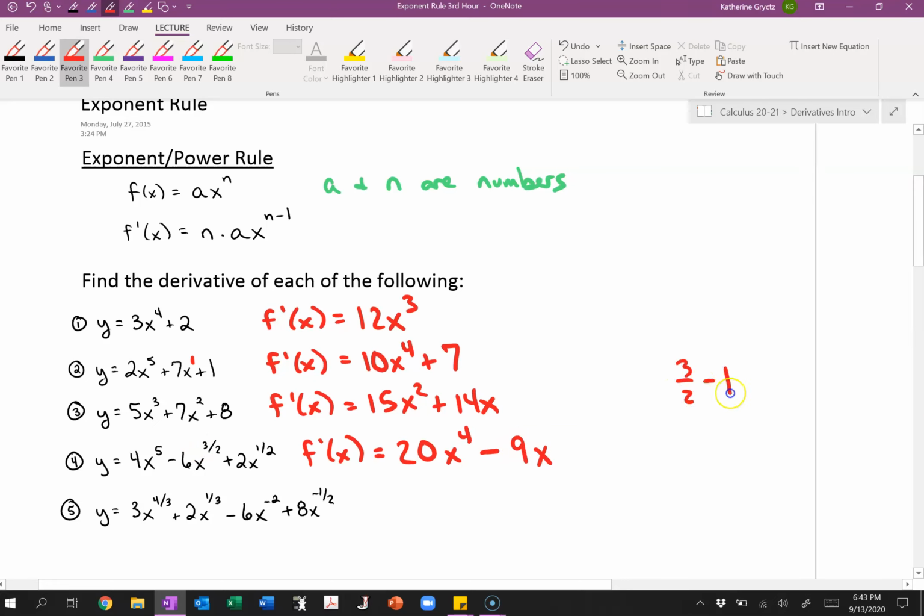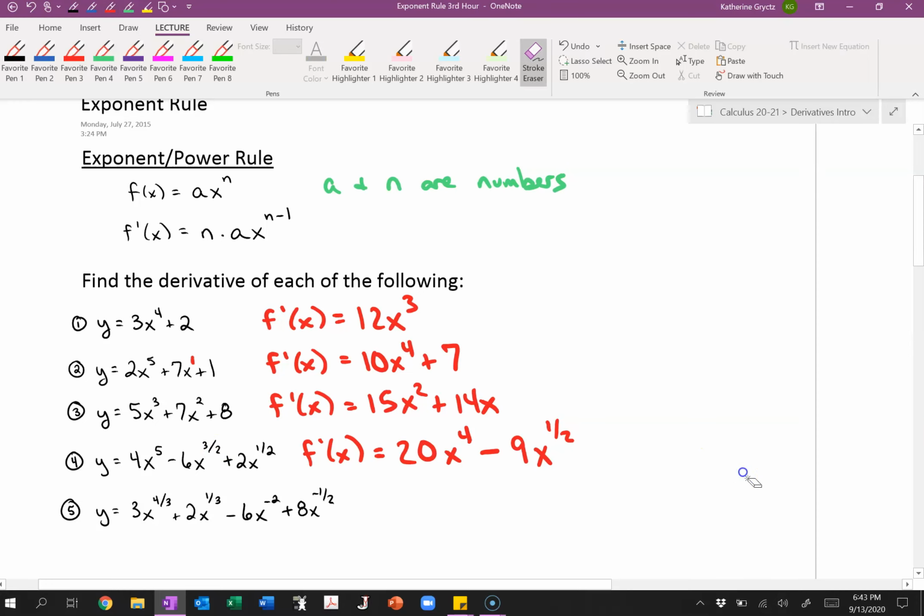So 3 halves minus 1, and if you did a common denominator, you would have 3 halves minus 2 halves, which is 1 half. Most of you should be able to do that in your head without having to write down what I just wrote down. But as a little trick for you, as you're going through and subtracting 1, if you subtract the denominator from the numerator and put it over the old denominator, you will get the correct thing every time.